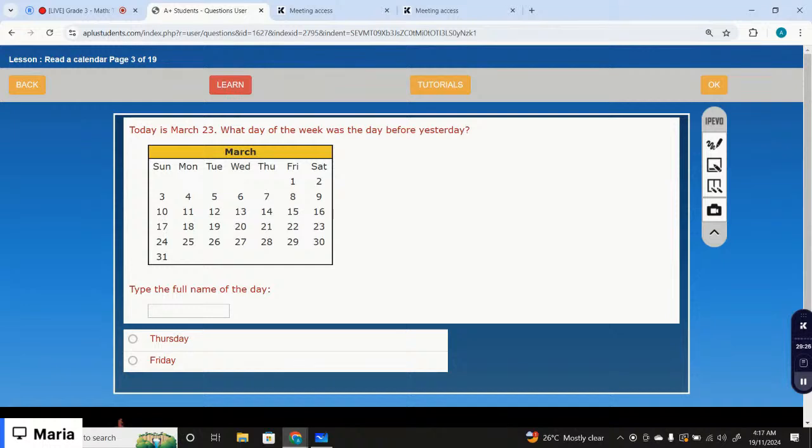Day before yesterday. So, yesterday it is 22nd, and before that is Thursday. Option number one is the correct option.